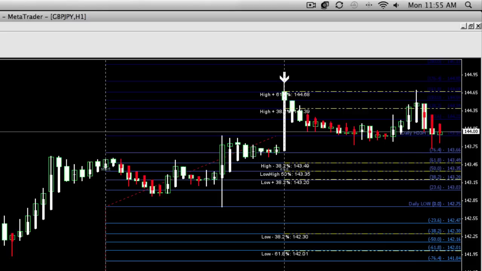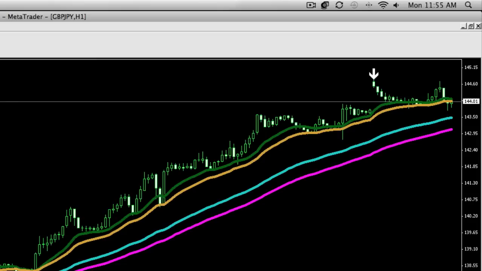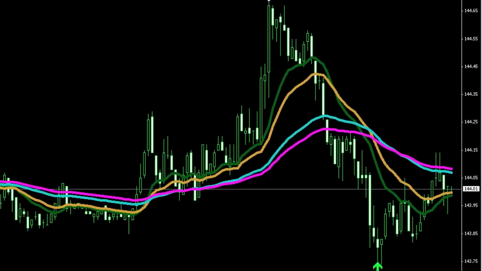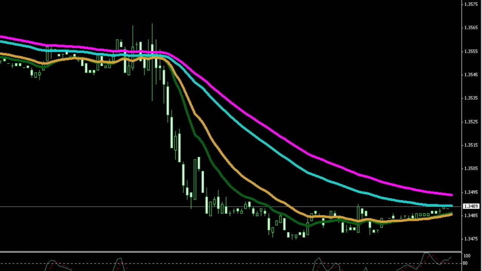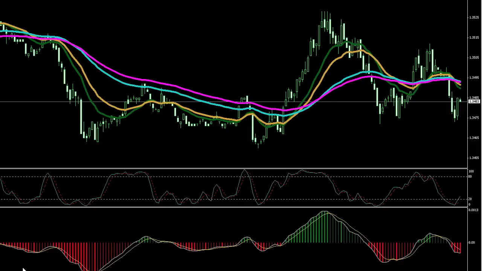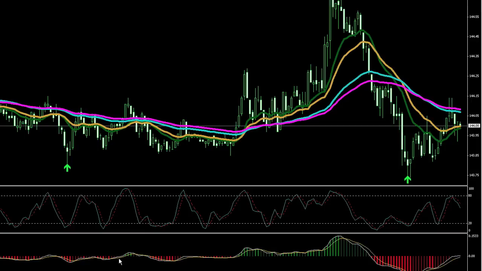The next thing that we want to do is typically I will use pound yen or I will use euro dollar. In this situation, there's no question about it that given the way the market is and all of that kind of good stuff, I would be looking at pound yen.